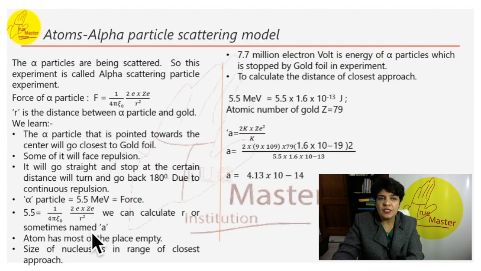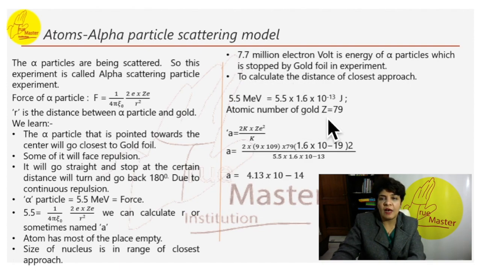So the values here: the alpha particle energy is 5.5 MeV, which is equal to 1 by 4 pi epsilon naught times 2e into Ze by r square. The atomic number of gold, Z, is 79.